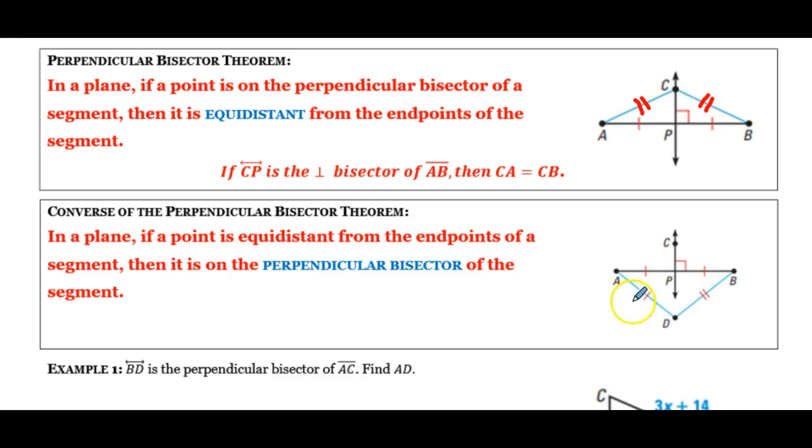So in this case, I've got point D, and I know from these two markings that D is equidistant from A and from B, which means that D lies on the perpendicular bisector. So D is on this line CP. So if DA equals DB, that should say DB, then D lies on the perpendicular bisector of AB.